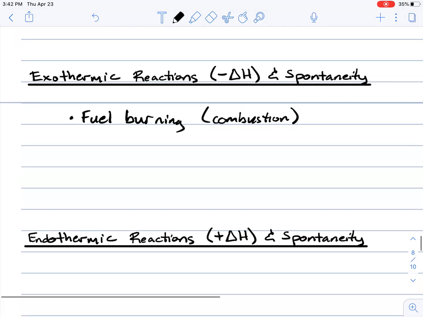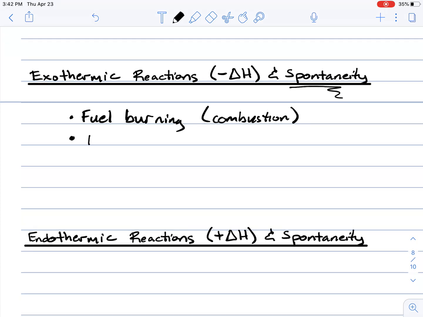And so that is an example of an exothermic reaction, and that continuous release of energy or burning of fuel is going to be spontaneous. Another chemical reaction that is spontaneous and releases heat to the environment, in other words, an exothermic reaction, is the rusting of iron.